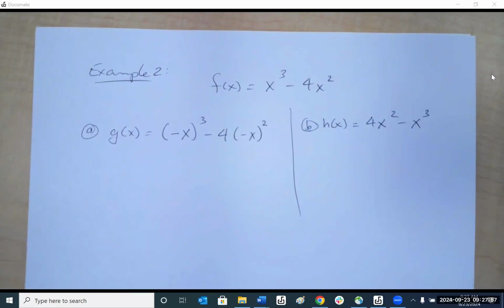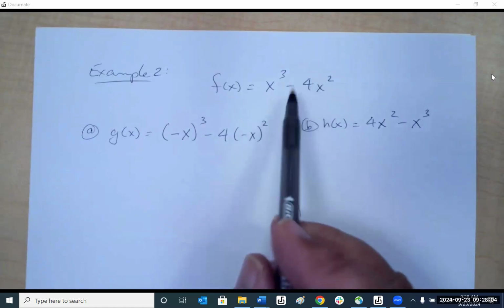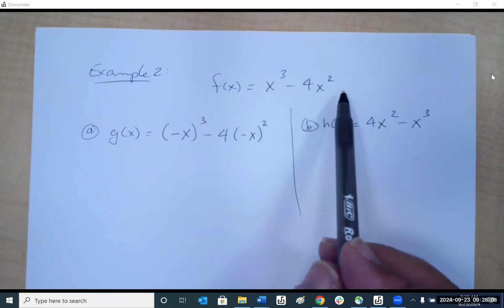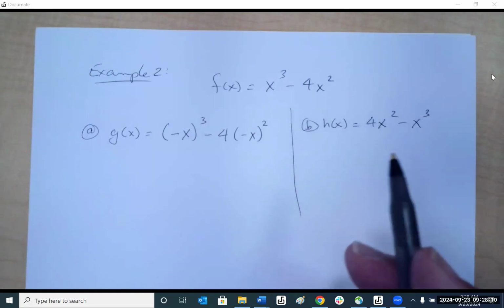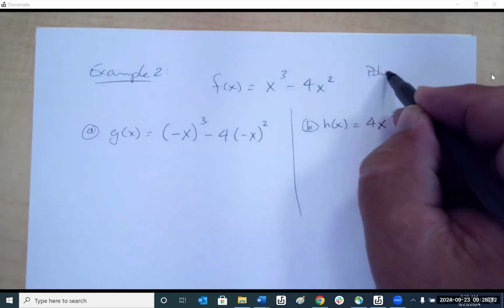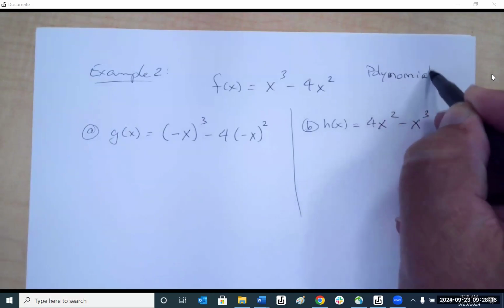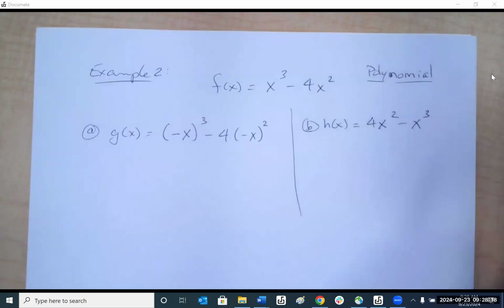You know, I'm glad you said that. This is a 50-50 shot. Whenever you have, this is called a polynomial. It has multiple terms. Poly means many.